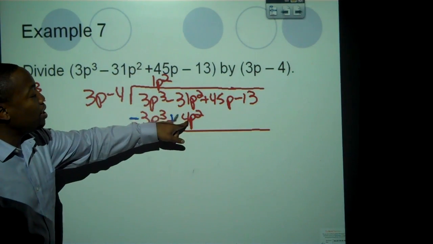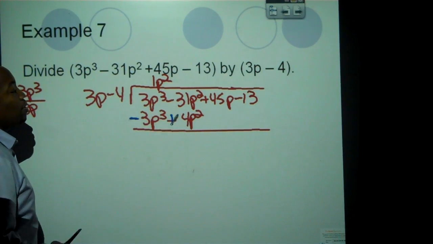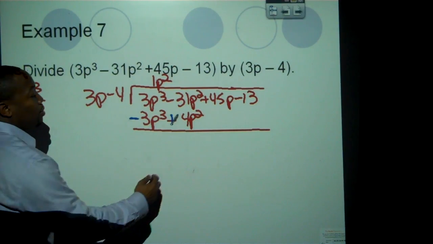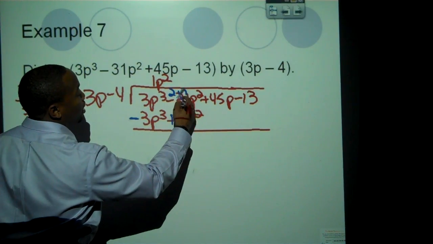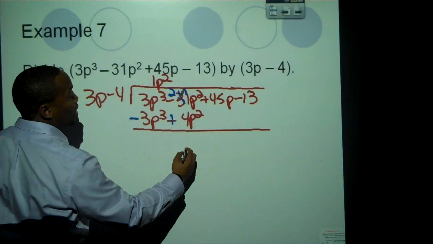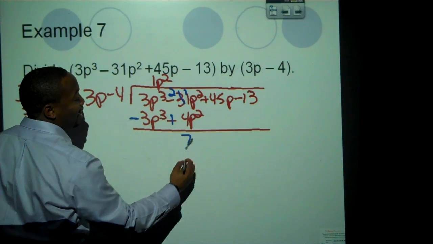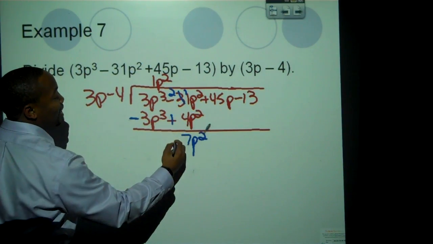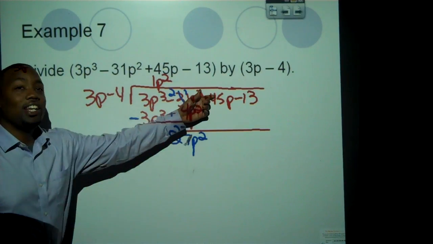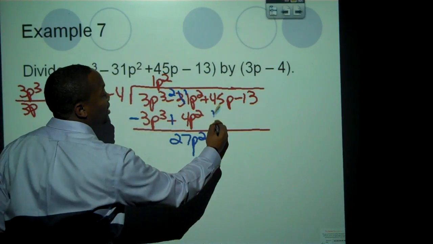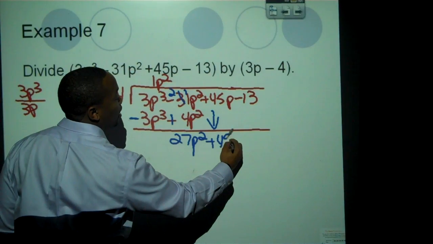So negative 31p squared plus 4p squared would be, let's see, 11, that would be 8, no, not 8, 7. 7p squared and 27p. And what I need to do now, bring down my 45. Plus 45p.